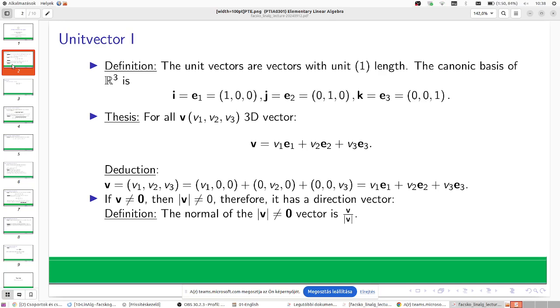So what I write here, I could say it's nothing more than V equals V1 plus V2 plus V3, and these vectors are nothing more than V1 e1 plus V2 e2 plus V3 e3.